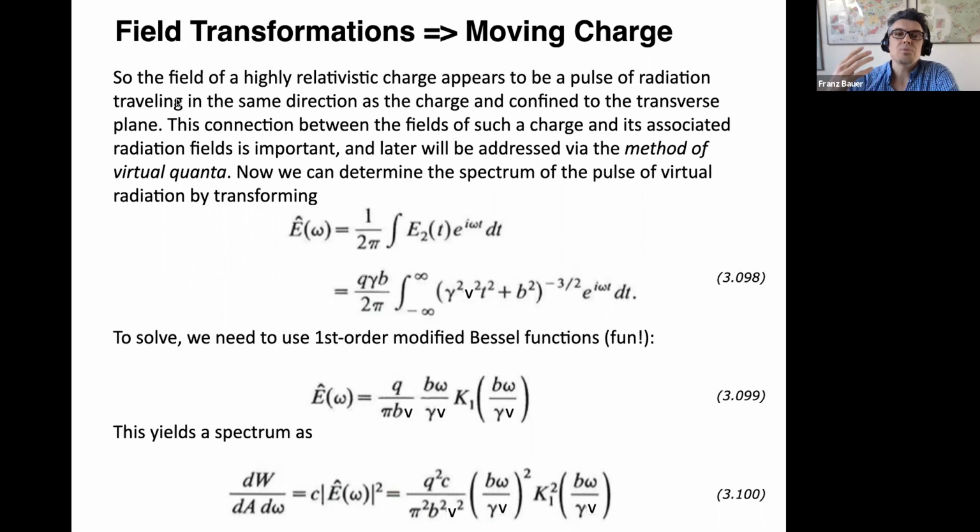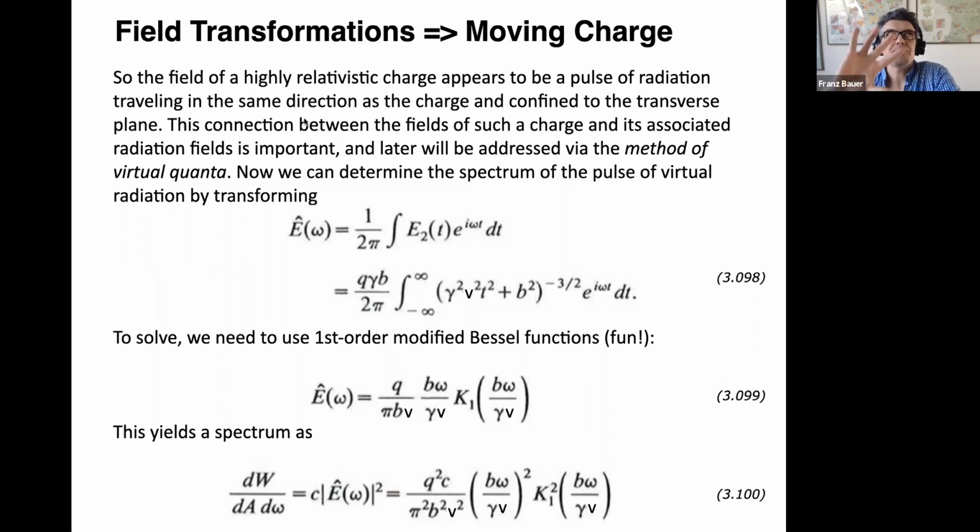It gives you a pulse of this electric field, which we can frame in terms of a pulse of radiation, which is traveling in the same direction. Basically it travels in the same direction as the charge, but it's confined to a transverse plane. Right, so the electric field goes high in this direction, and this is akin to radiation traveling in the same line as the electron, where the amplitude of the radiation is in this direction.